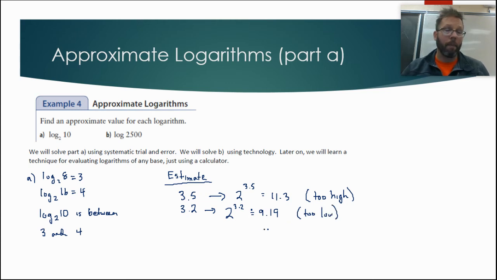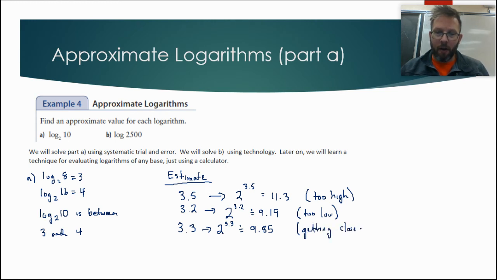Okay, let's take it up a notch and let's try 3.3. 2 to the power of 3.3. Okay, we're getting closer. That's 9.85. It's decent enough, 3.3. But let's see if we can get any better. Let's tick it up a little bit.